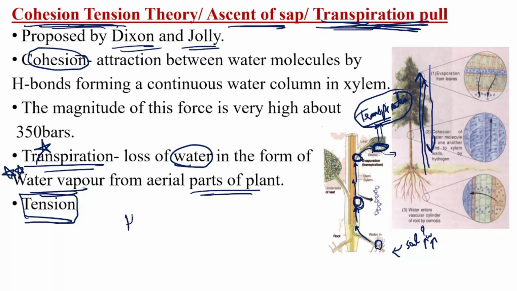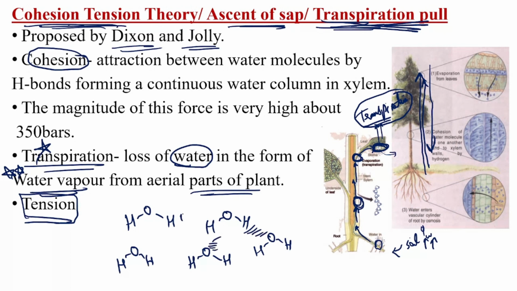That means water molecules present inside the xylem elements are all attached to each other by hydrogen bonds. If you remember, in chemistry they say that hydrogen bonds are very weak bonds. Then how are hydrogen bonds helping in movement of molecules against gravity?